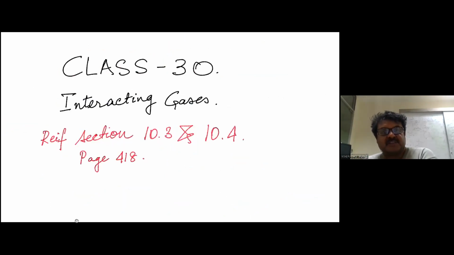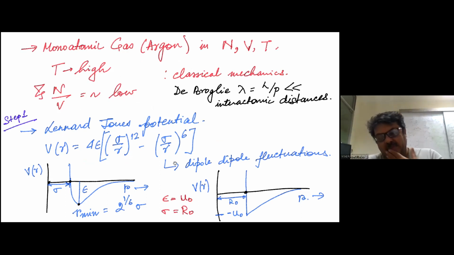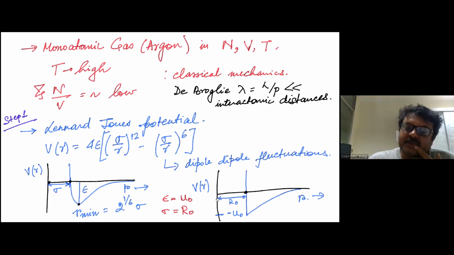By the way, whatever I'm teaching is from Reif section 10.3 and 10.4, page 418, in case you have not noticed. Anyway, just using the Reif convention, if the distance between two particles is less than R0, where R0 is the same as sigma, then the potential is infinity.